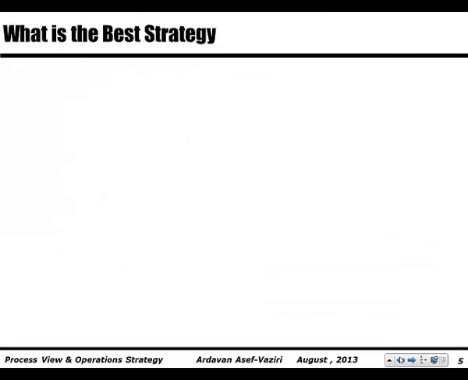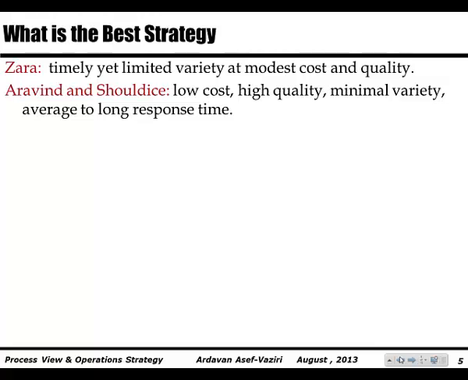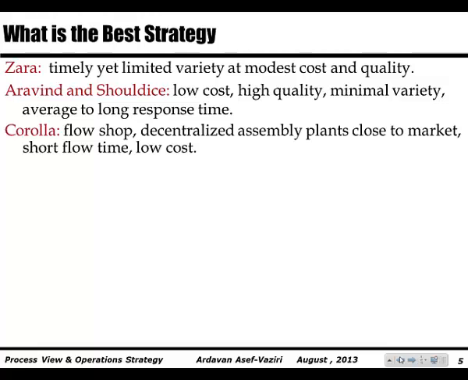What is the best strategy? We don't know. There is no single solution. Zara, its strategy is timely yet limited variety at modest cost and quality. Aravind and Shoelace, their strategy is low cost, high quality, minimal variety, average to long response time. Corolla, Flow Shop, decentralized assembly plants close to market, short flow time, low cost.